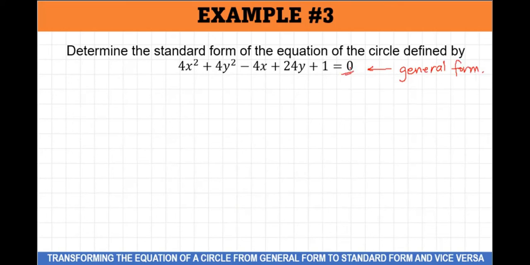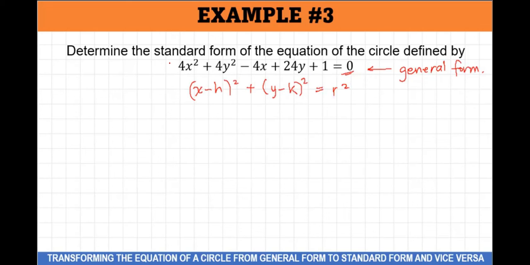Now, how are we going to transform a general form of equation to a standard form of equation? Actually, all that you have to do is make it into the form of x minus h squared plus y minus k squared equals r squared.